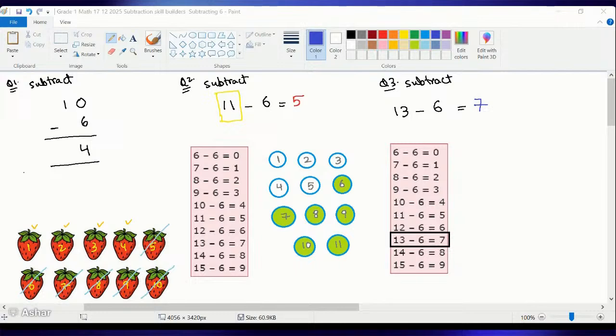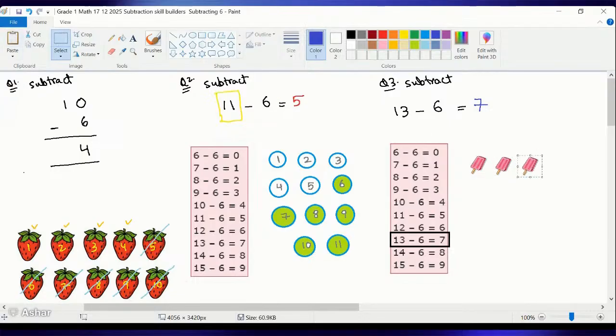Let's suppose there were ice creams. If we select ice cream and say there were 13 ice cream sticks over here. Let's make them 13 and then try to see how many we need to remove.